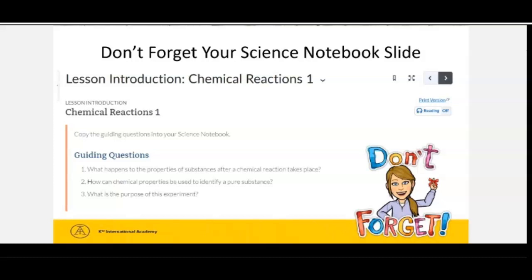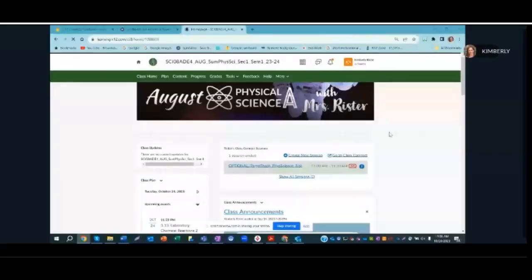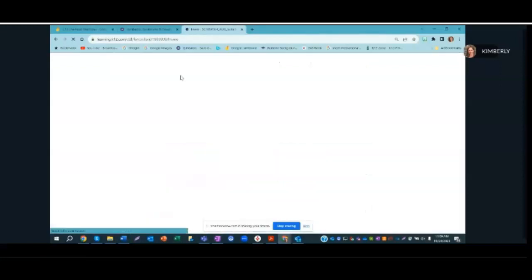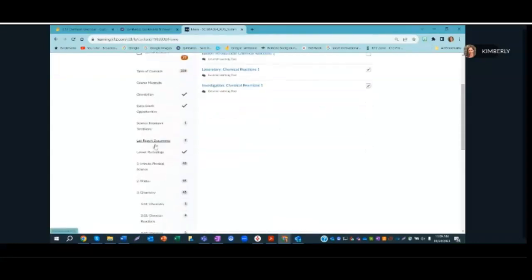So really quick, I'm going to go back to the homepage just for those of you that may not realize where the lab report documents are that I have upgraded. All right, so your home screen looks something like this. When you go to content, at the top, and then when you scroll down, here are the lab report documents.